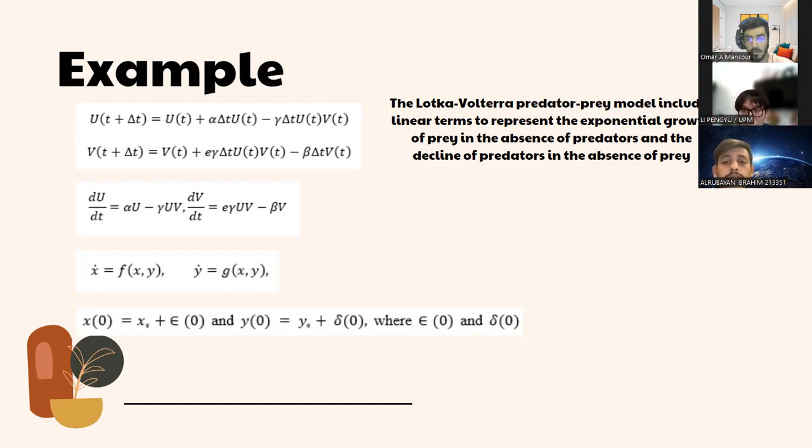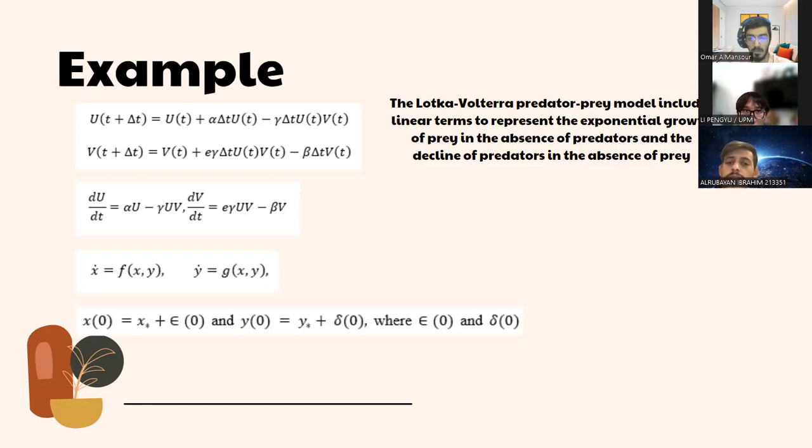And for the second formula, du/dt equals alpha u minus gamma u v, comma, dv/dt equals gamma u v minus beta v. And the third one is x dot equals f of x and y, comma, y dot equals g of x and y.